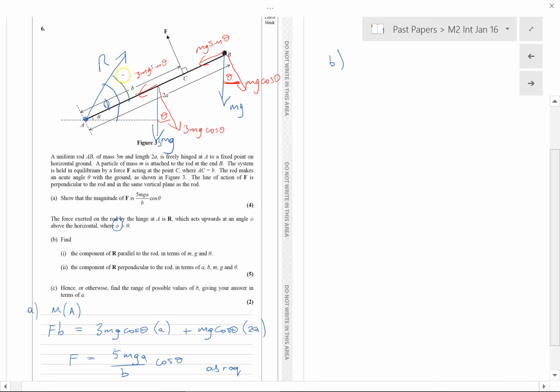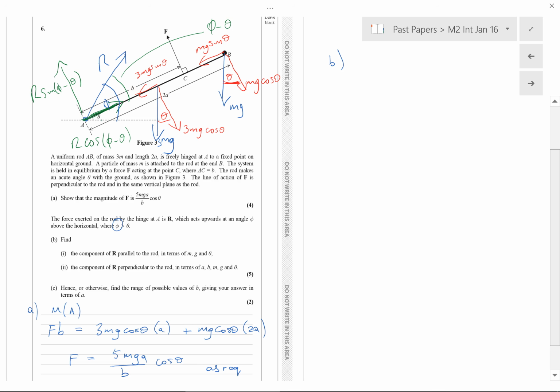Well, this angle here is phi minus theta. So the component perpendicular to the rod will be R sine (phi minus theta), and then there will be this bit here, which will be R cos (phi minus theta). Well, how that's going to help answer the question, I'm not sure, but hopefully this will take us somewhere.